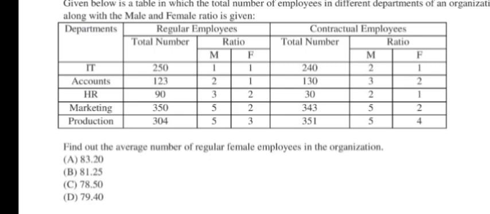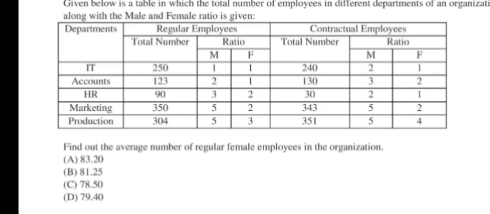Total numbers are 250, 123, 90, 350, 304. In the contractual employee column, we have got total number 240, 130, 30, 343, 351.